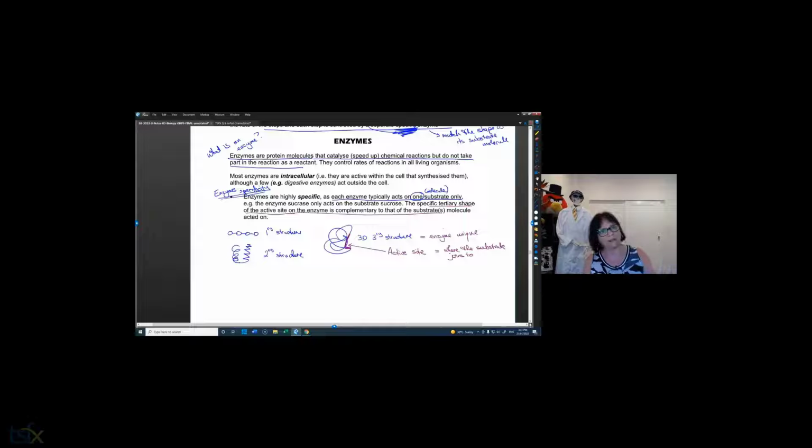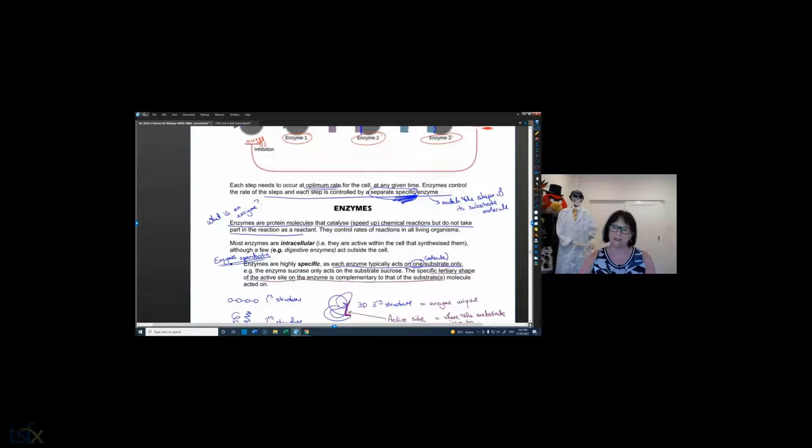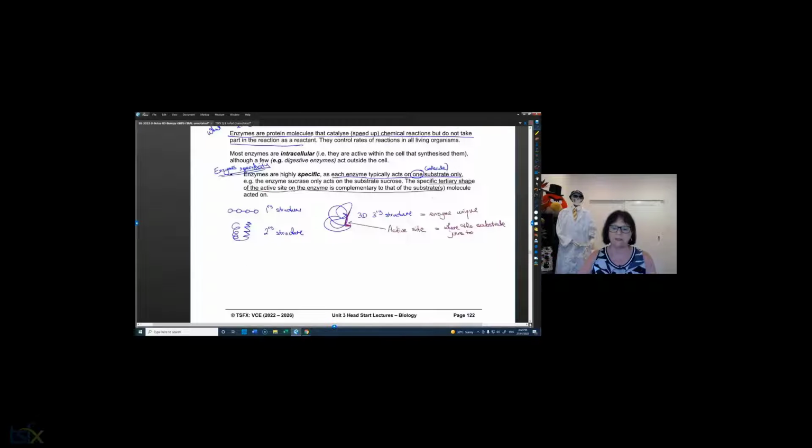So it goes back to the part we were doing in error study 1, the shape of the active site. So enzymes are proteins that speed up reactions without taking part of them. They are highly specific. Each enzyme will act on one substrate only because the active site of the enzyme is complementary to that one substrate shape.